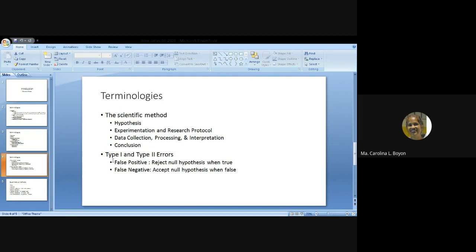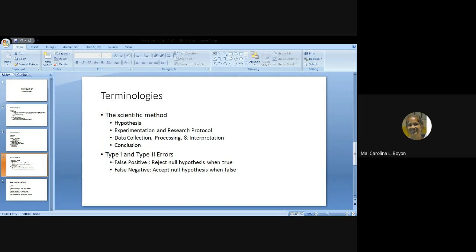Okay, so a research method will define a set of steps which needs to be followed and observed in toto, verbatim.